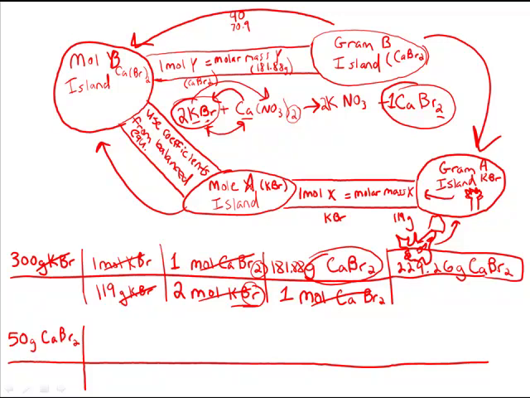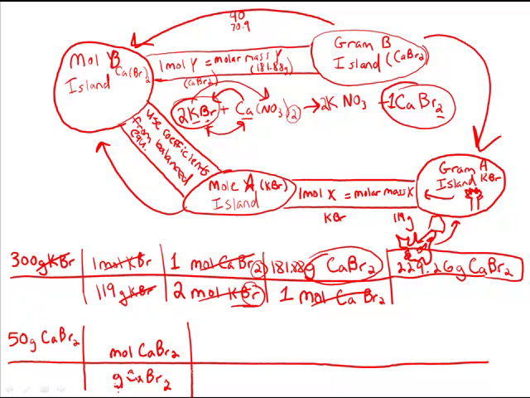Mole A. So from gram B to mole A, from gram B to mole B island, we have to cancel the unit we have. We have to get rid of that grams of calcium bromide. That's not showing up so well, but it should say grams of calcium bromide. And we know based on our bridge, our equality, that those grams are equal to moles of calcium bromide.